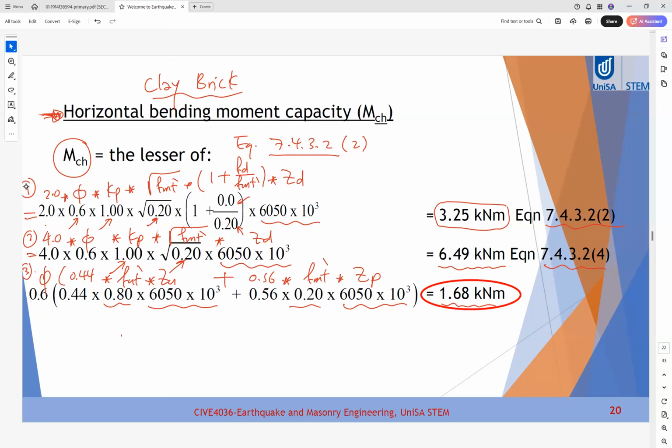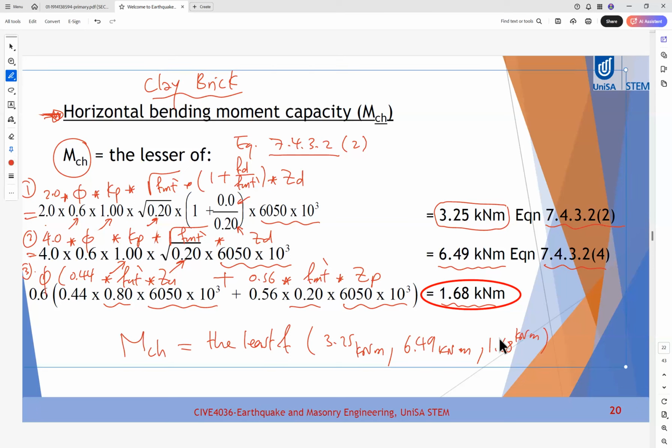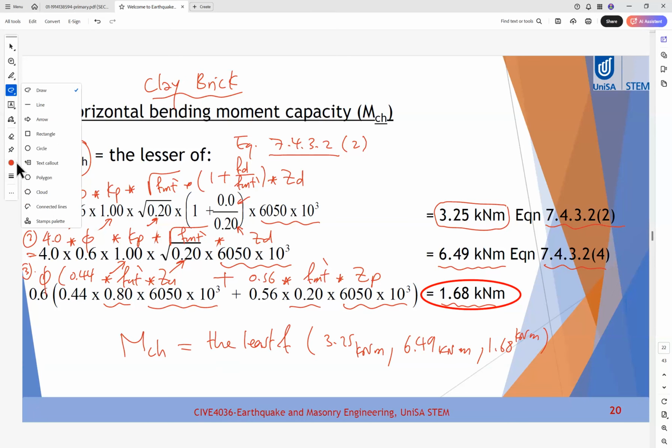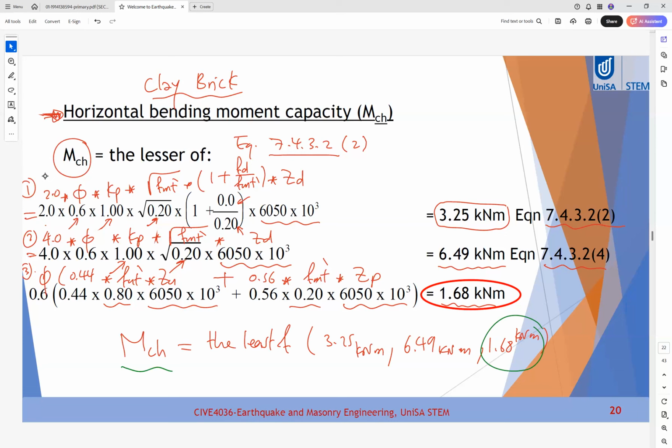So what is the lesser value? MCH equals the least of 3.25, 6.49, and 1.68 kilonewton meter. So MCH is 1.68 kilonewton meter.